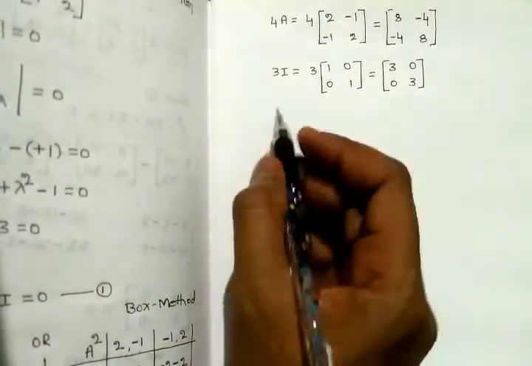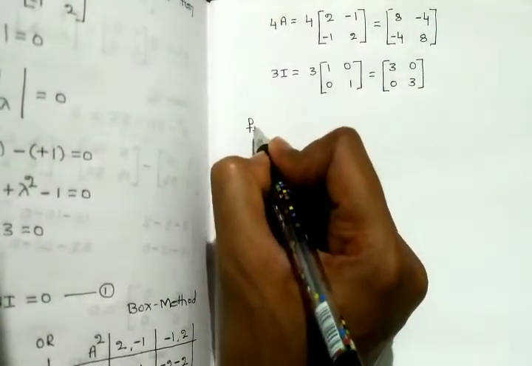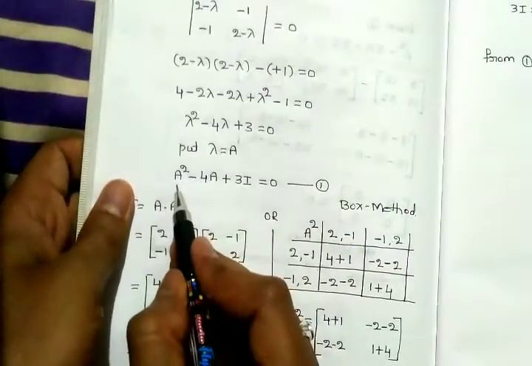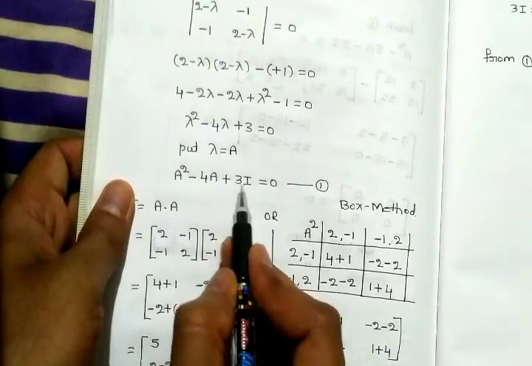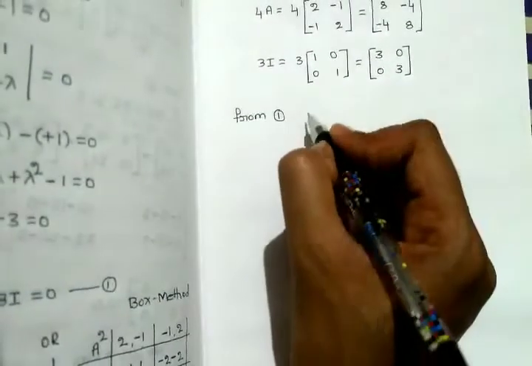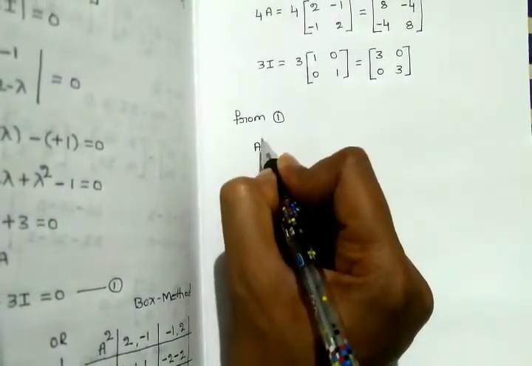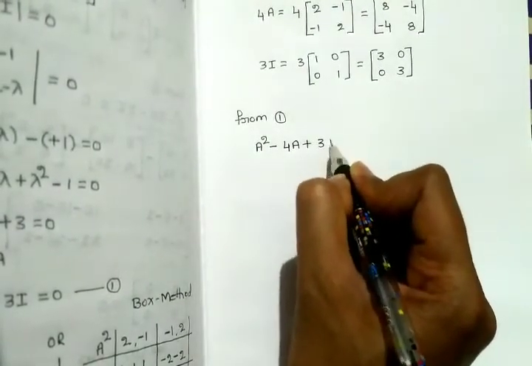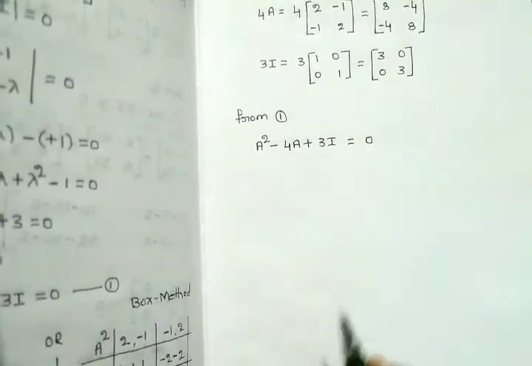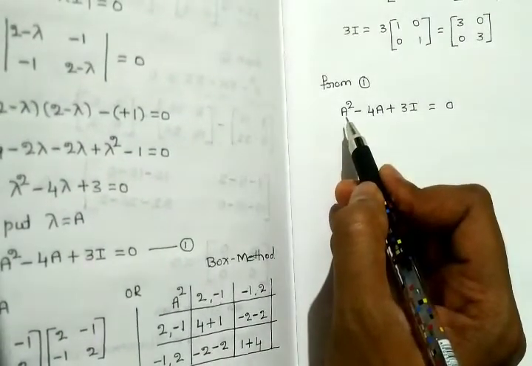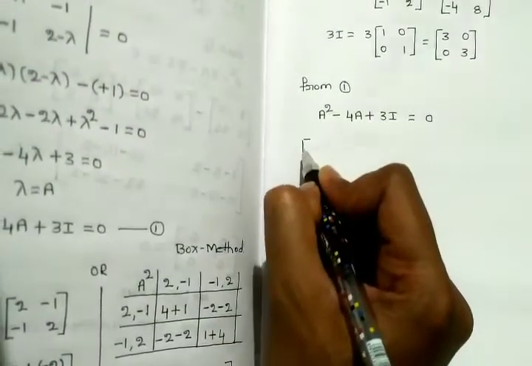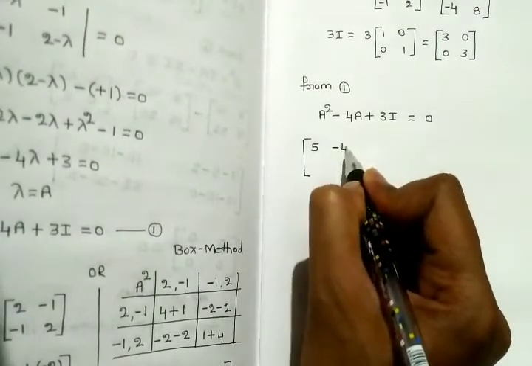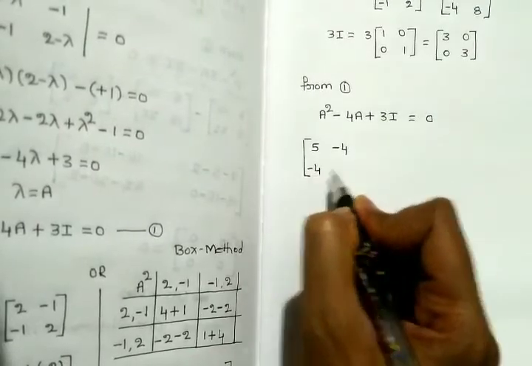Now write equation number 1. Therefore, from 1, what is 1 here? A square minus 4A plus 3I equals 0. First note down the A square value. Therefore A square equals 5, minus 4, minus 4, 5.